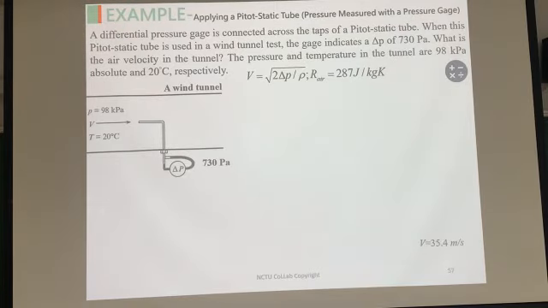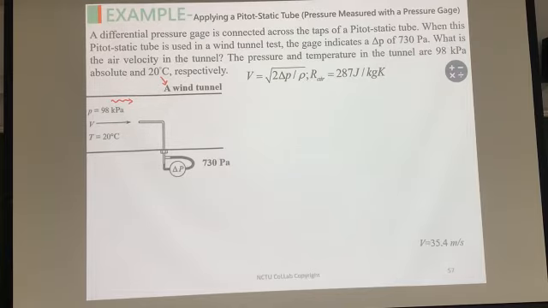Okay, so this is another question, but we change. Previous question exercises focus on the liquid, but in this exercise we discuss the air. Okay, so as you can see here is a wind tunnel.